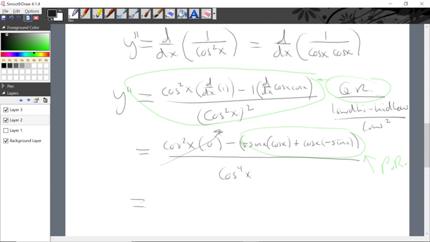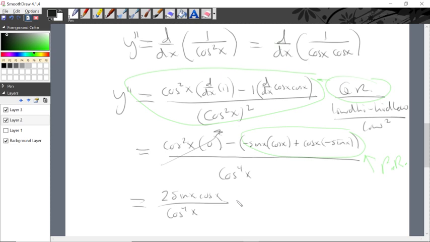And then we have a negative sine x cosine x, another negative sine x cosine x, so those will combine to be negative 2 sine x cosine x, but then there's a negative here that'll flip it to positive. So we get 2 sine x cosine x, which by the way is the same as the sine of 2x, the double angle. And then we have the cosine to the fourth of x down here.